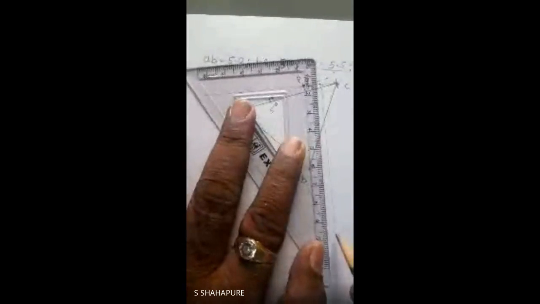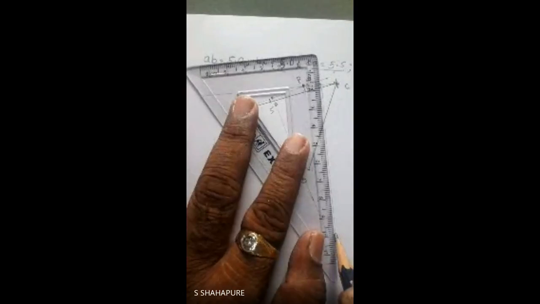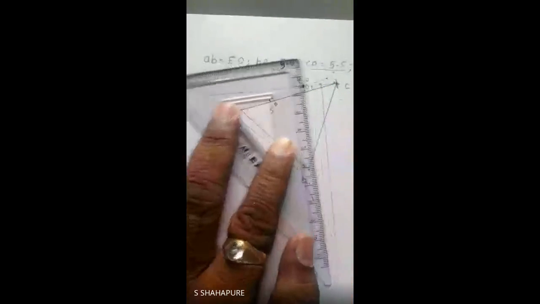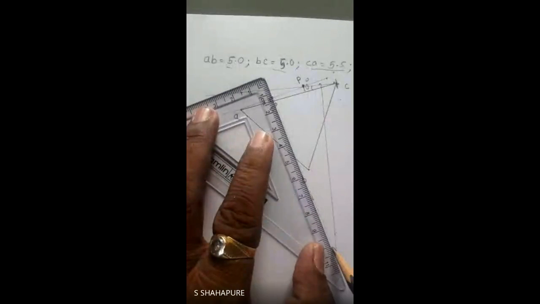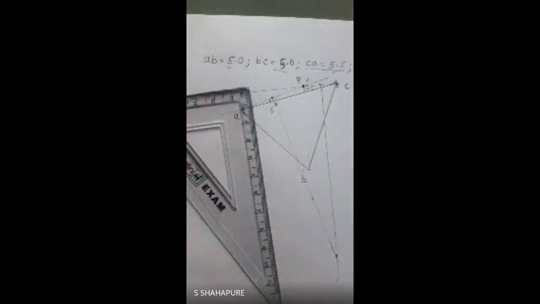So this perpendicular bisector over here, and this second one, somewhere here it is intersecting.